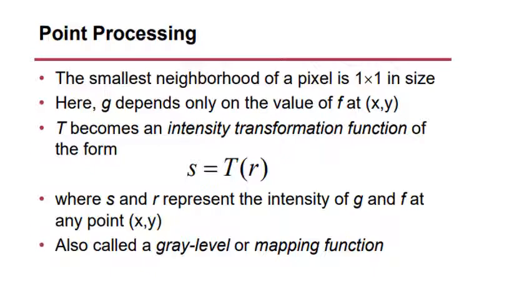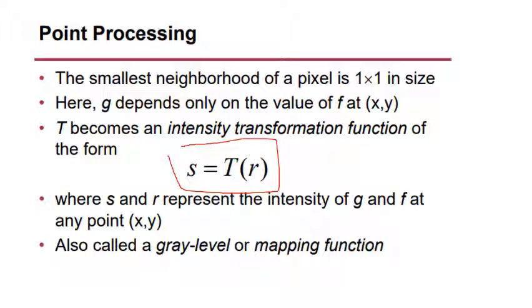So here we can tell that T is an intensity transformation function, and it could be expressed in the form S is equal to T of R, where S and R represent the intensities. So R, let me say, f of x comma y is R. What is the meaning of that? x comma y is a single point.